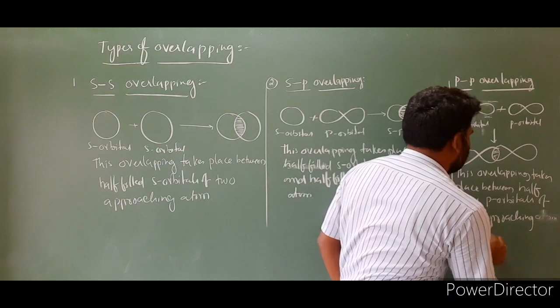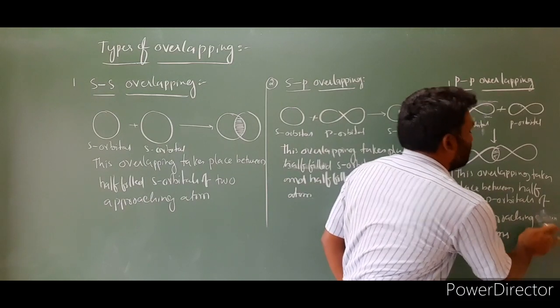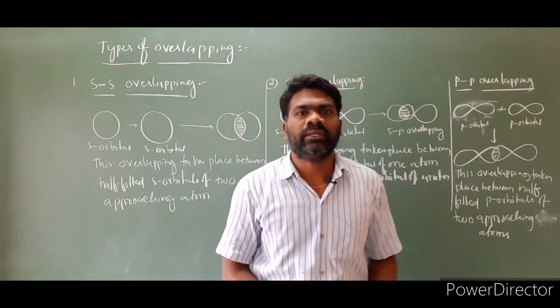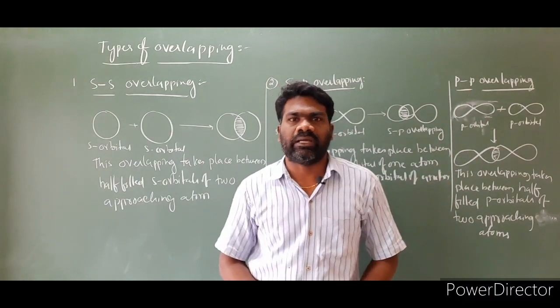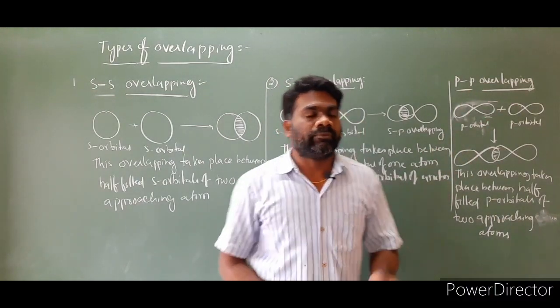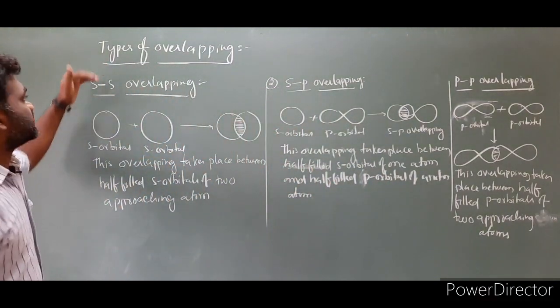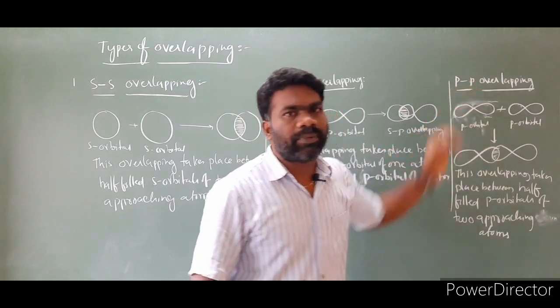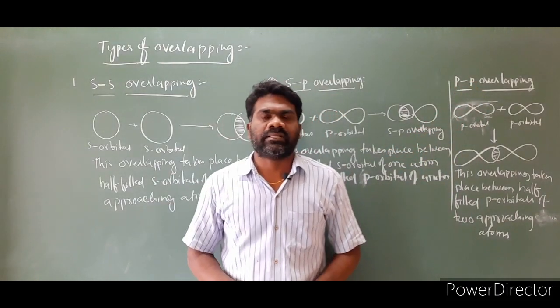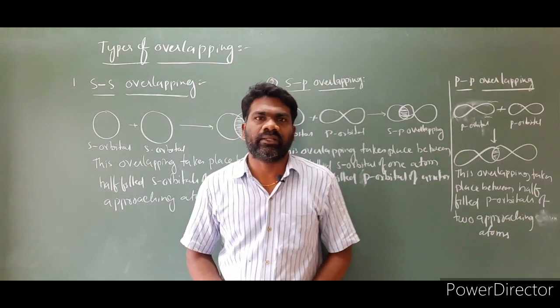I am writing here: half-filled p orbitals of two approaching atoms. This is PP overlapping. So overlapping is of different types: one is SS overlapping, the second is SP overlapping, and the third is PP overlapping. So next class I will come with another topic.